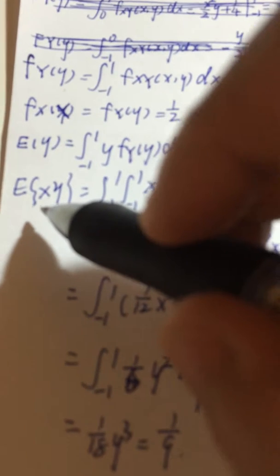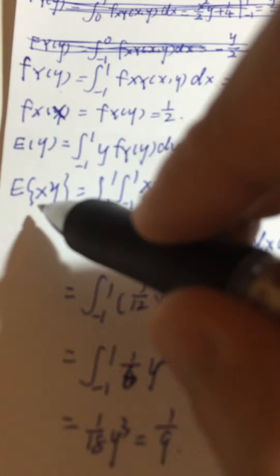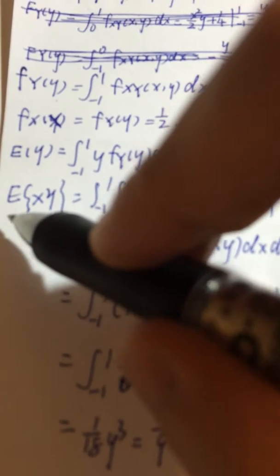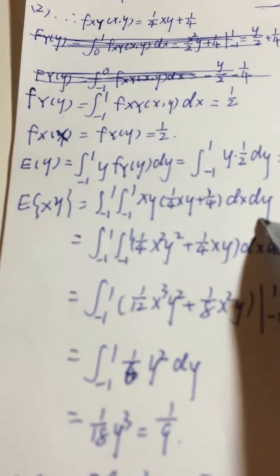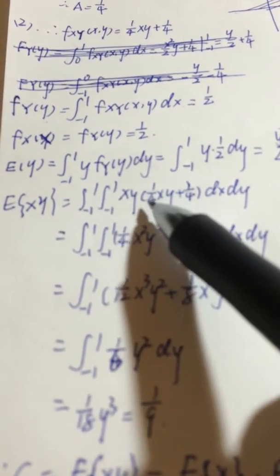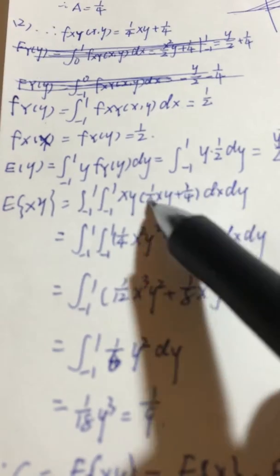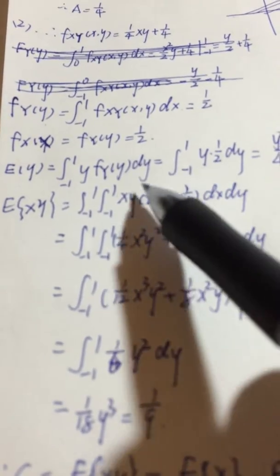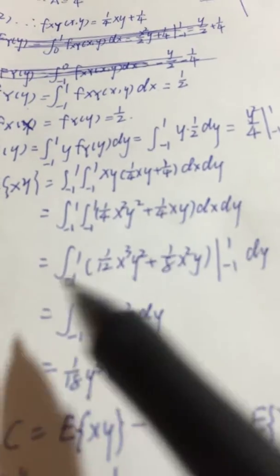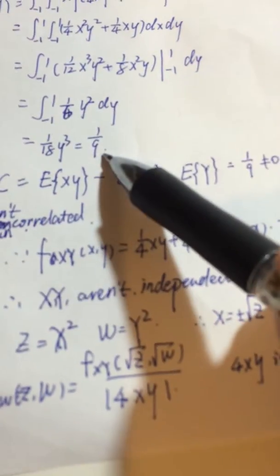For the expected value of XY, we should use this formula: multiply x and y by the joint density function and integrate, and finally we find the answer is 1/9.